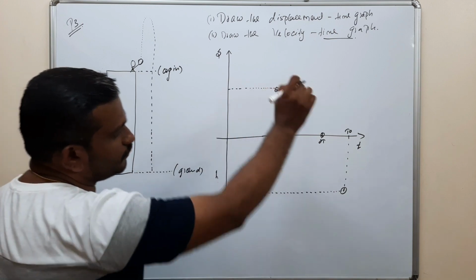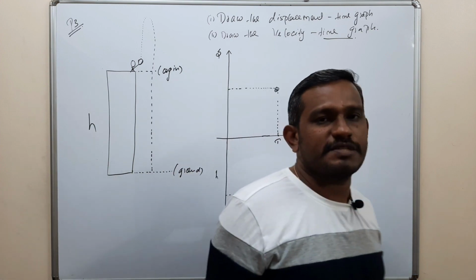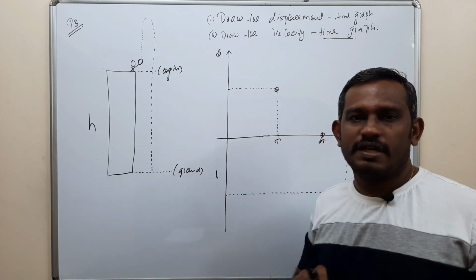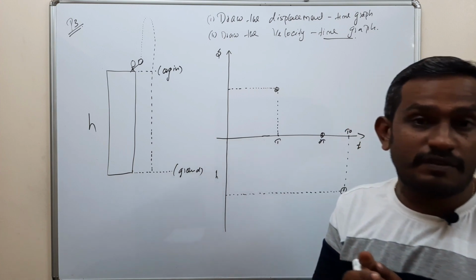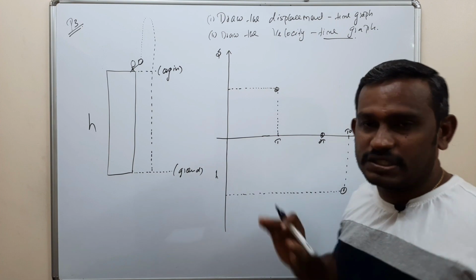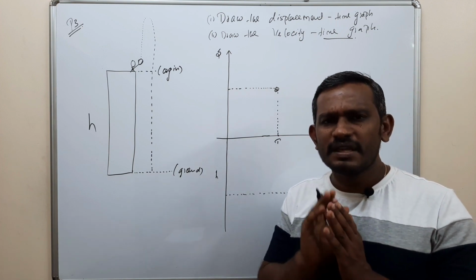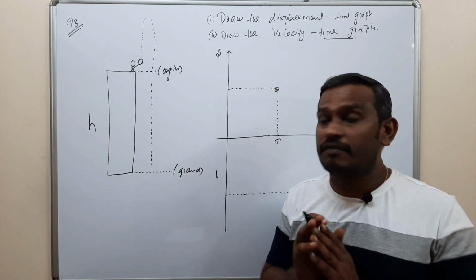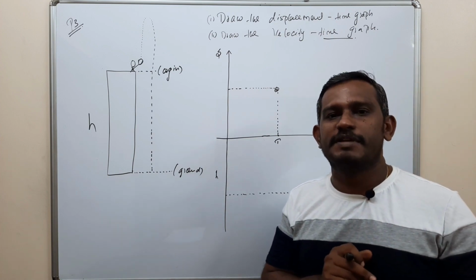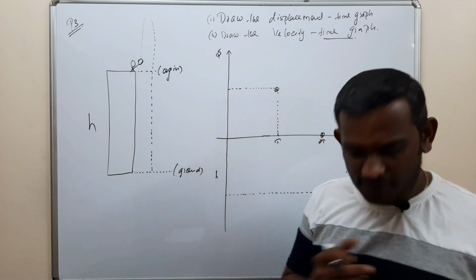So we have to draw the displacement time graph. The slope of the graph should correctly represent the velocity of motion, because the slope of the displacement time graph gives the velocity.